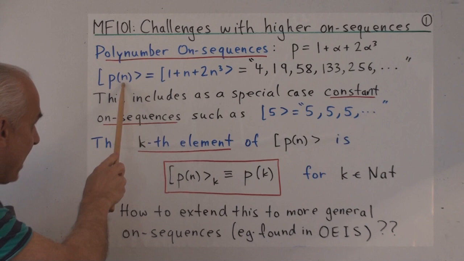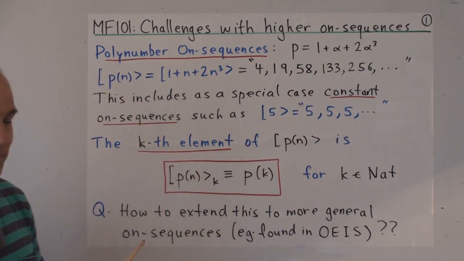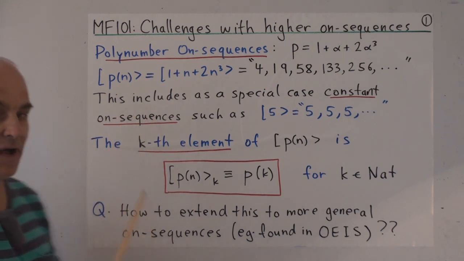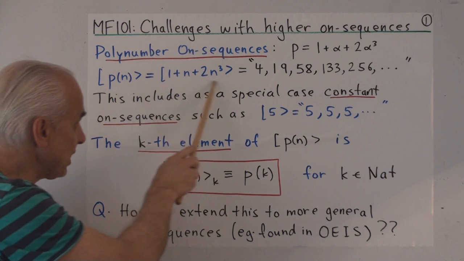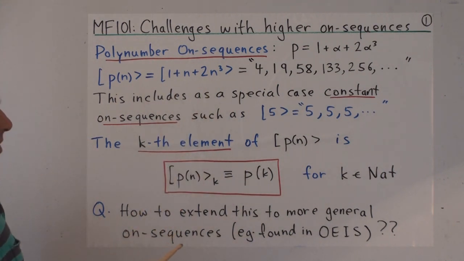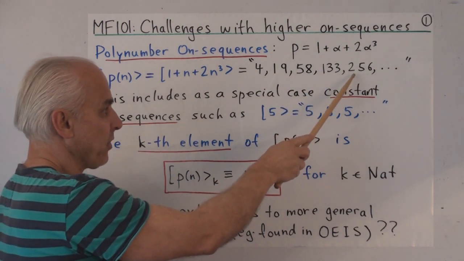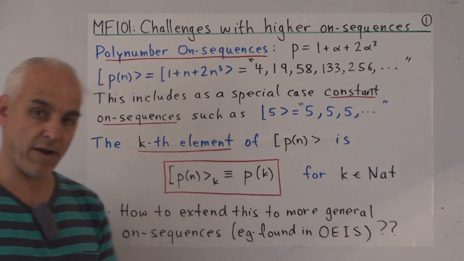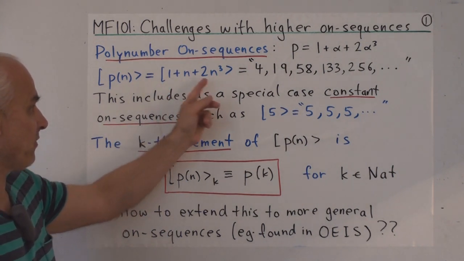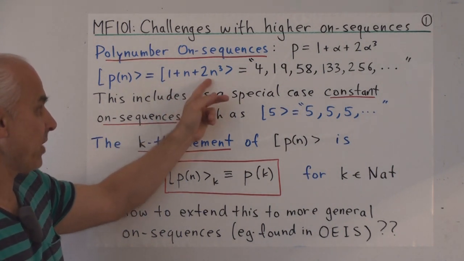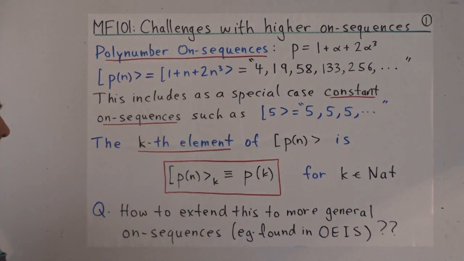We used the letter n, so we replaced the alpha in the polynumber with the letter n. That for us signifies a polynumber on sequence. And this particular sequence represents the numbers 4, 19, 58, 133, 256, and so on. Just the values that we obtain by replacing the n here with first of all 1, and then 2, and then 3, and then 4, and as many as you have patience calculating.